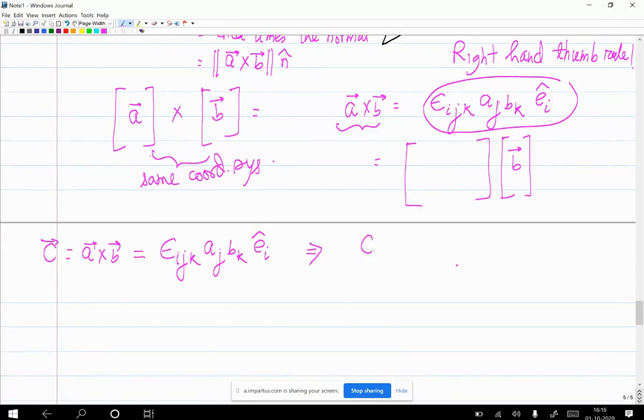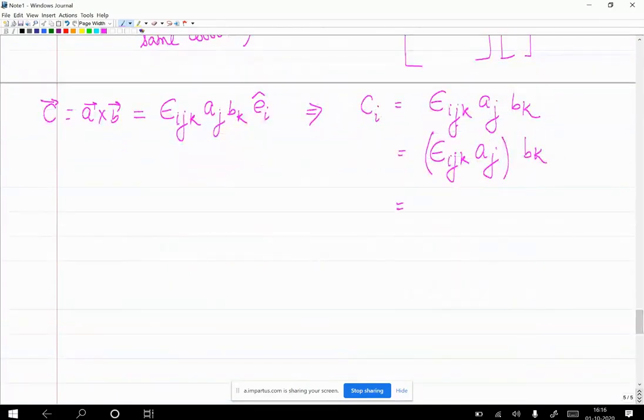So this implies that Ci is simply epsilon ijk into aj into bk, correct? Now this thing inside the bracket, let us say this is some big A ik into bk. I'm just defining it as big A ik.